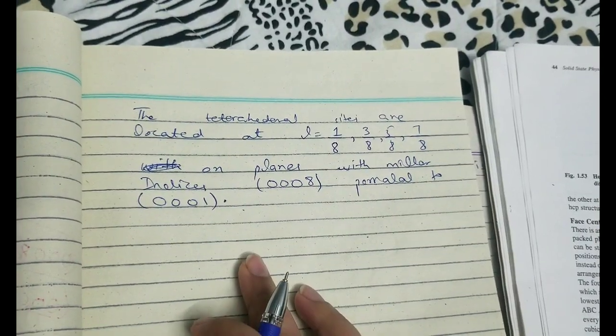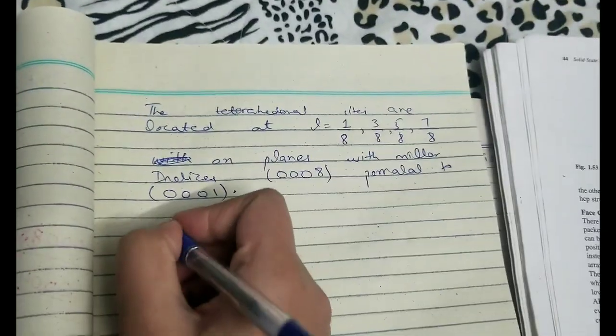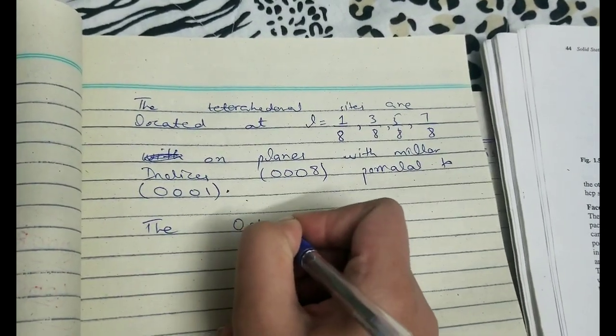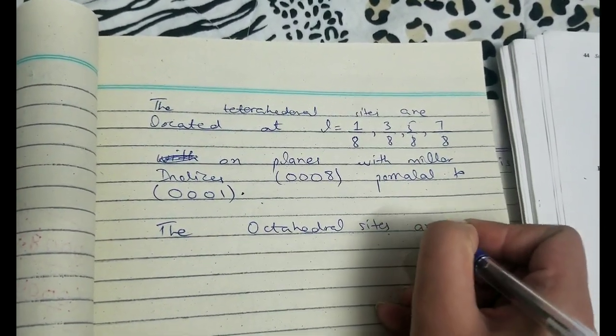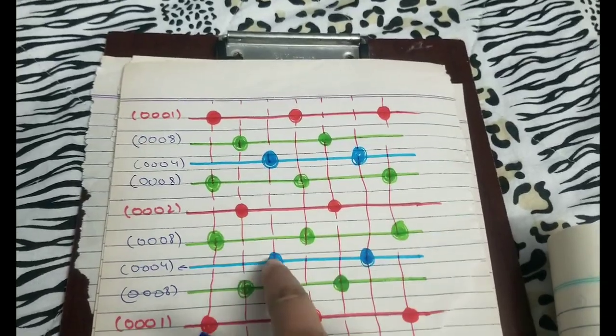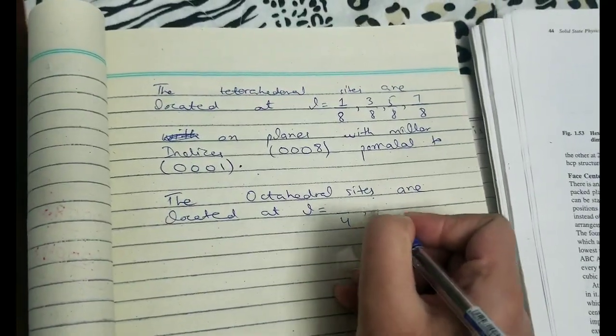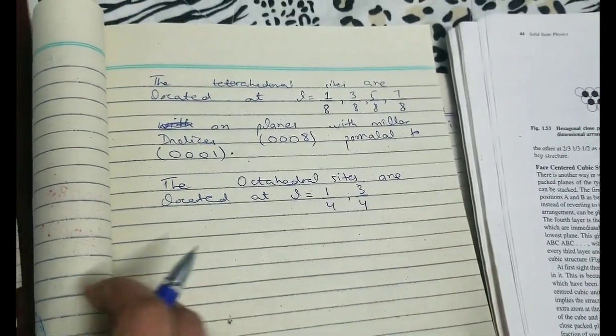That is why we considered only the 0008 type. And the octahedral sites, correct your spellings, are located at two z locations. One is this and the other one is this. It is 4 here, so they will be 4 something: 1 by 4 and 3 by 4.